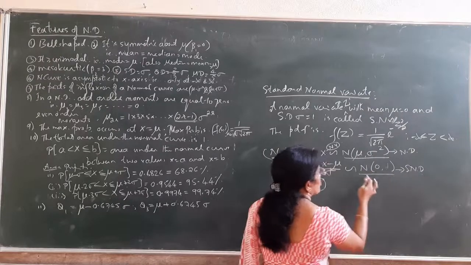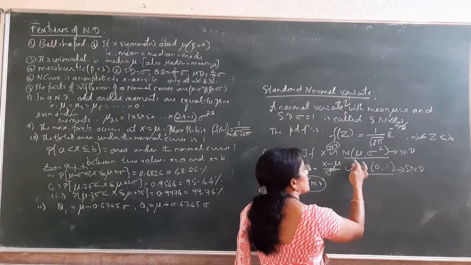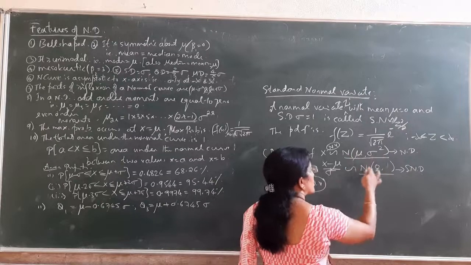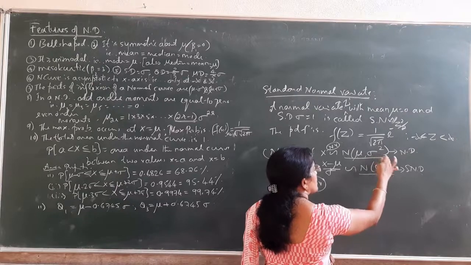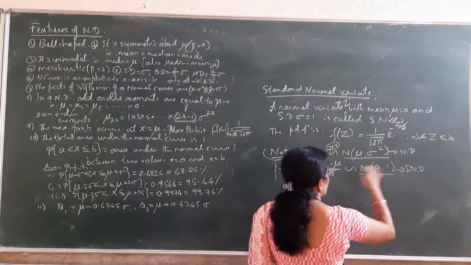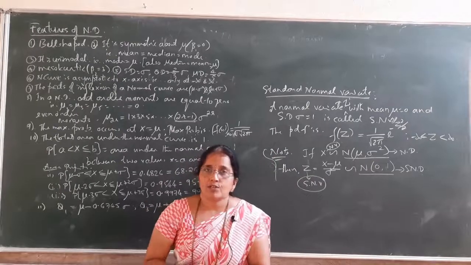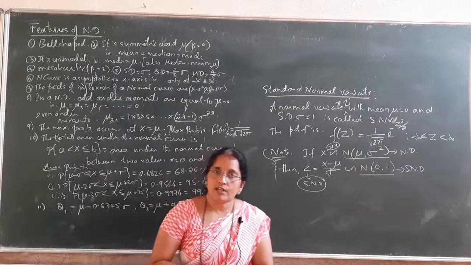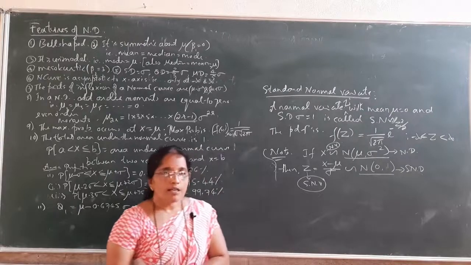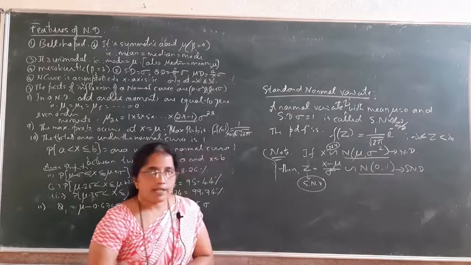Standard normal distribution means here we are not going to write s n d. Instead of that, in the same notation we are going to use, in place of mu write 0, in place of sigma square write 1, because a normal distribution where mu is equal to 0 and sigma equal to 1, that distribution itself is called as a standard normal distribution. So, this is very, very important, right?